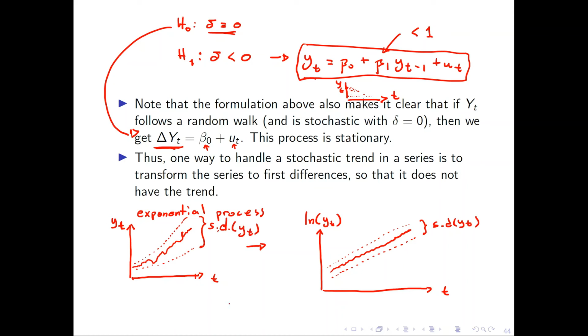And how can you use this? Well, now you can work with the differences, and this difference will capture the trend, and the trend is captured by the beta naught, right? And the variation around this line here is captured by the error term.